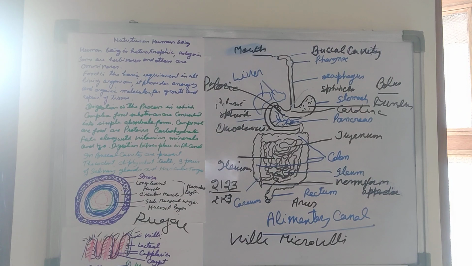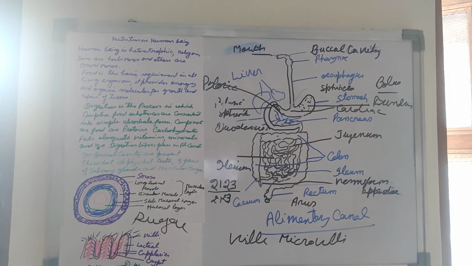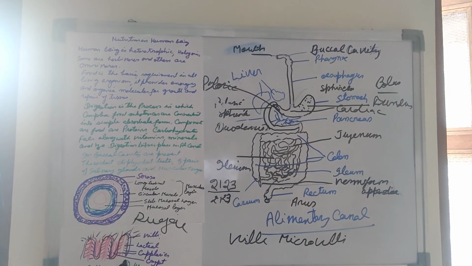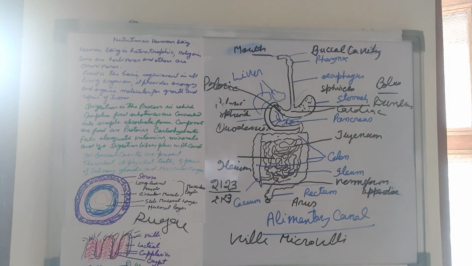The bile juice produced by the liver is stored in the gallbladder, and passed from the liver by the hepatic ducts into the gallbladder. From the gallbladder comes a duct called the bile duct.